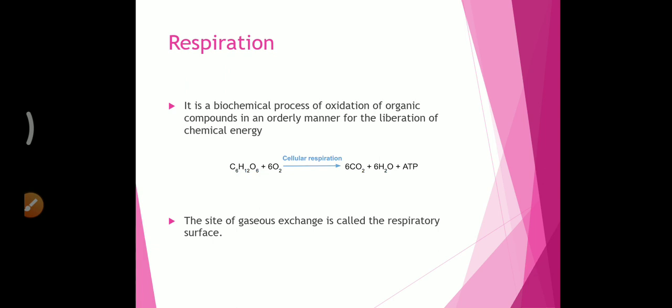So in which form is the energy stored in the body? It is stored in our body in a complex organic compound form. What is that organic compound? As you can see on the slide, it is glucose or glycogen. In this form the organic compound is stored, right?